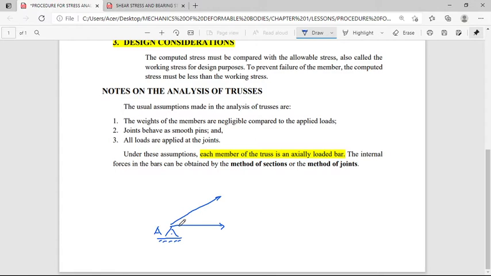So, let's say itong member na to is papunta kay joint B. And yung member na ito is papunta kay joint C. And then you'll have segment AB and segment AC obviously. Tapos, meron kang angle theta dito. So, kapag in-analyze mo tong joint ito, after considering the whole structure of the truss as a free body diagram, obviously, you'll have reaction here or a reaction here.